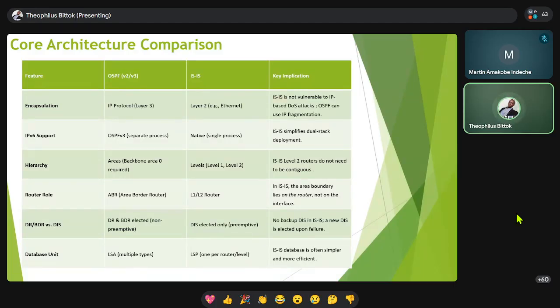So when you are working in a Huawei environment, just run display isis interface. It's going to show you clearly that for IPv4 the interface is up, but on IPv6 maybe it is down, or the other way around.